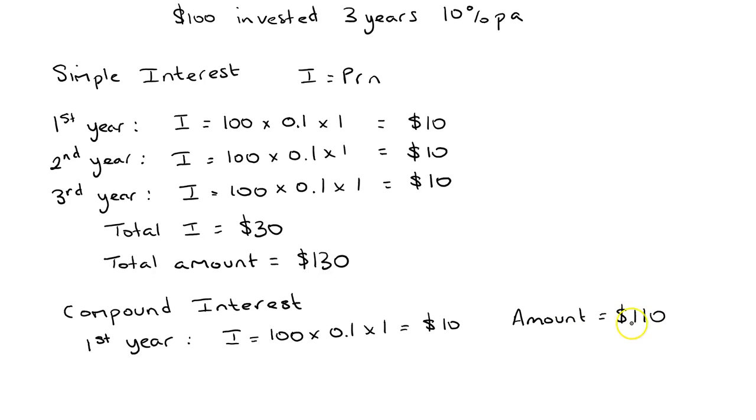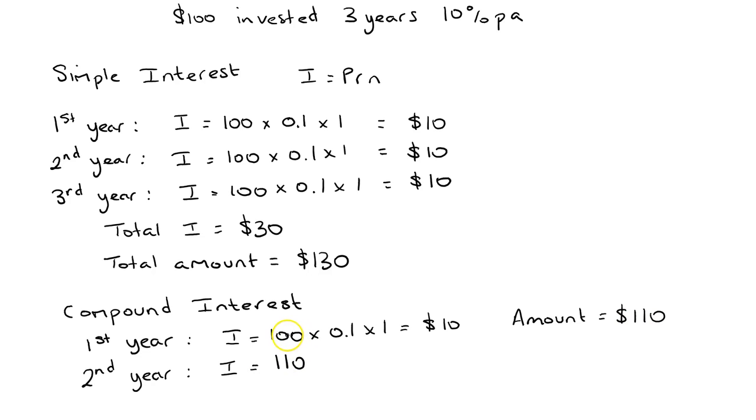Now, that becomes our new principal for the next time period. So the interest is added in to the original principal, and for our second year, the interest is going to be on our new principal, which is our compounded amount.